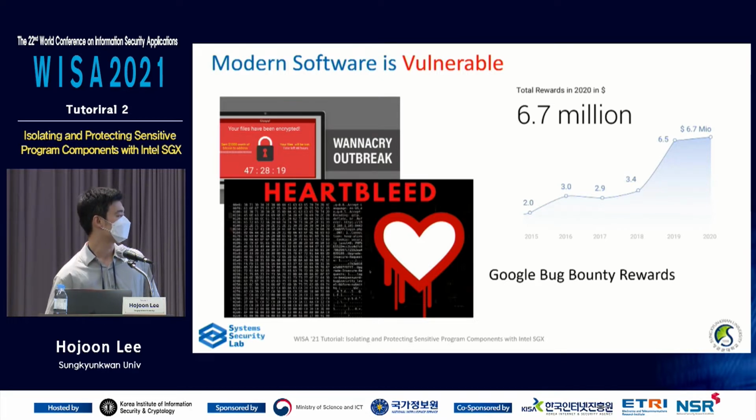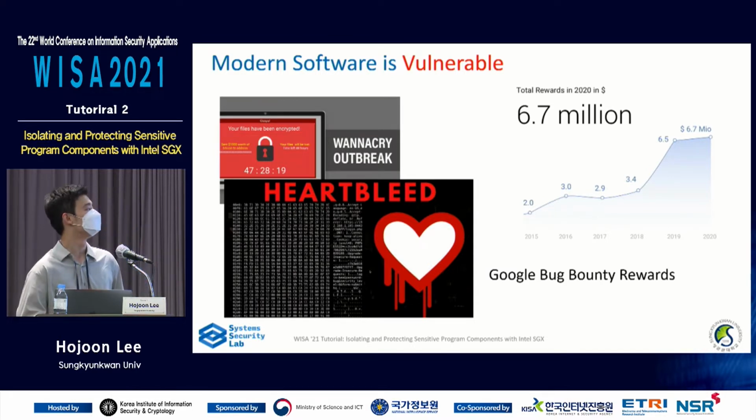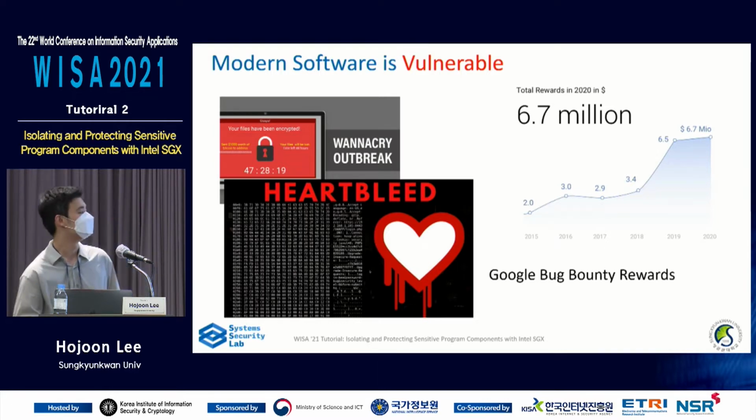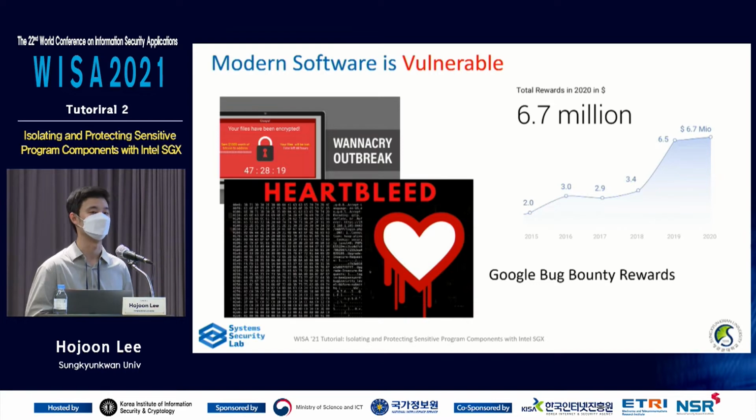Also, the Google Bug Bounty program tells you about the value of those zero-day vulnerabilities. Google does this every year, and last year, Google awarded a total of $6.7 million for the vulnerabilities found on their products. That value, 6.7 million, talks about the value and importance of finding vulnerabilities and fixing them.